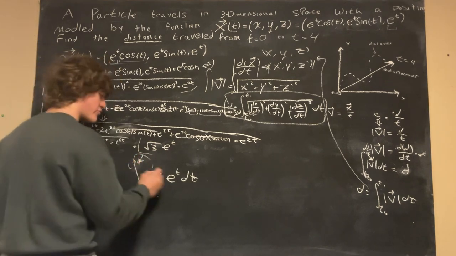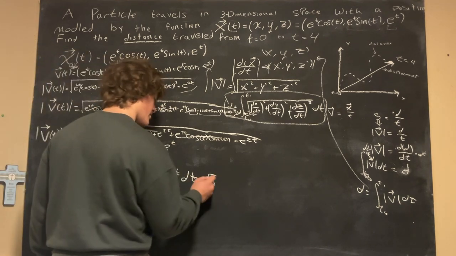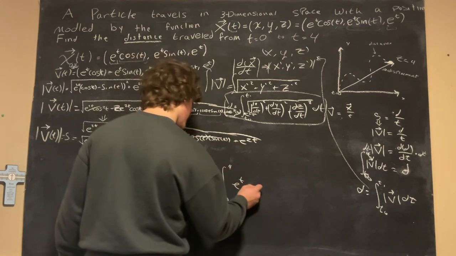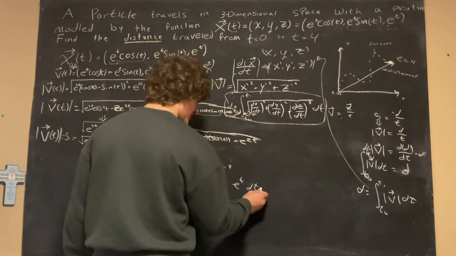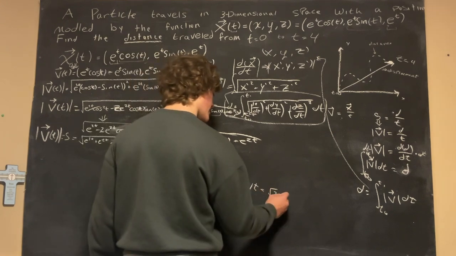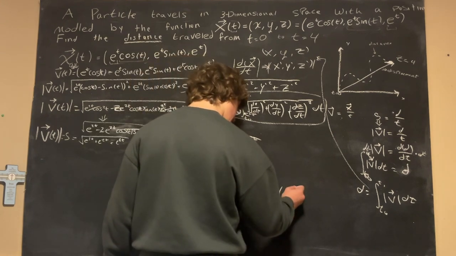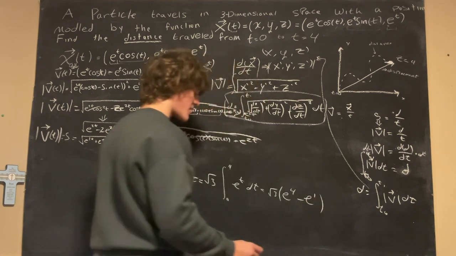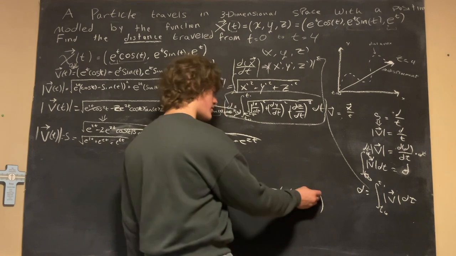We can pull the square root of 3 out, so it becomes square root of 3 times the integral from 0 to 4 of e to the t dt, which is just equal to the square root of 3 times e to the 4 minus e to the 0.